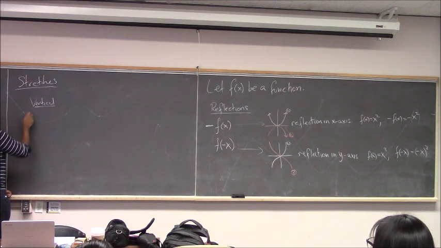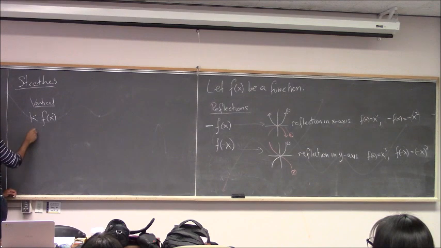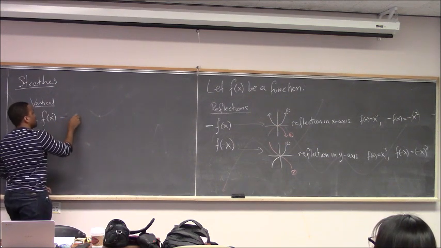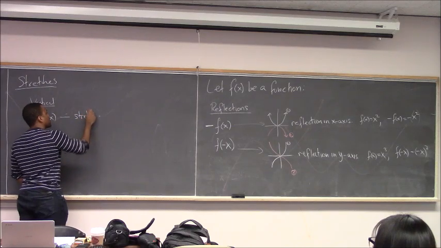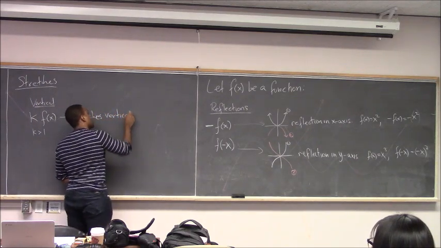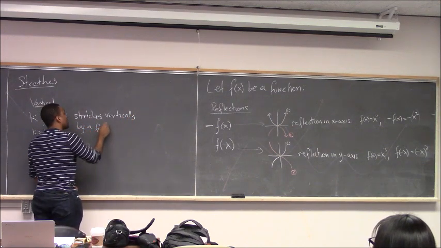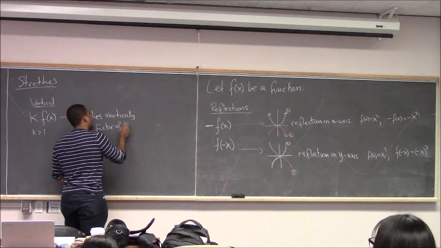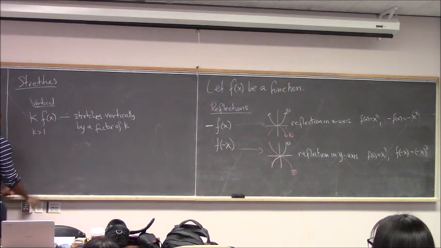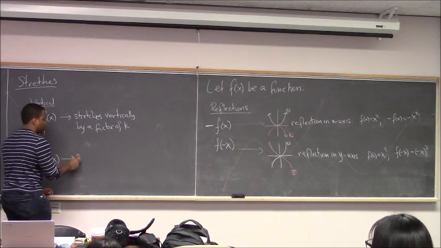If you multiply f of x by a constant k, where k is some constant larger than 1, this stretches vertically by a factor of k. If you take f of x and you divide it by that, it will shrink it vertically.